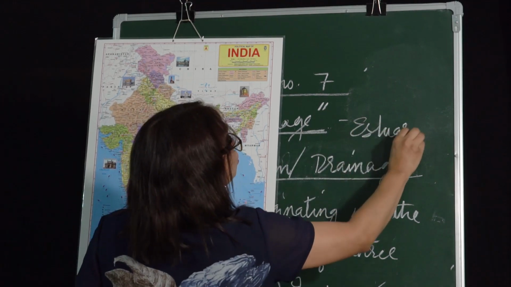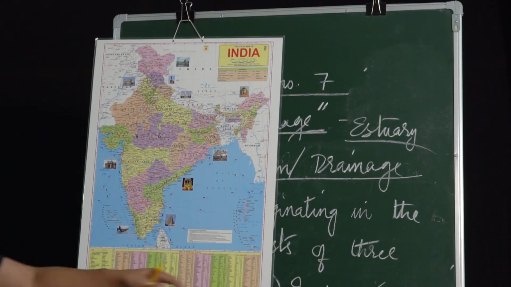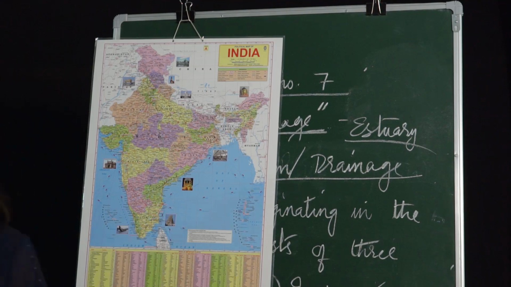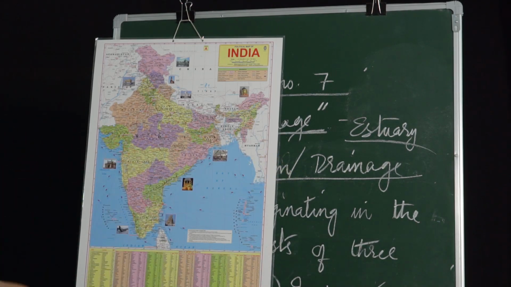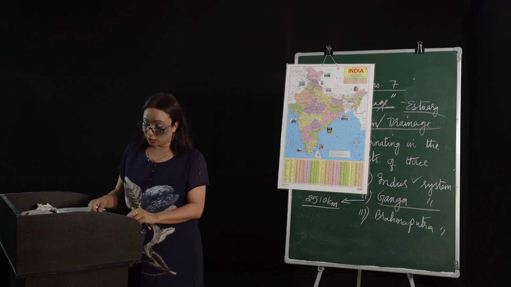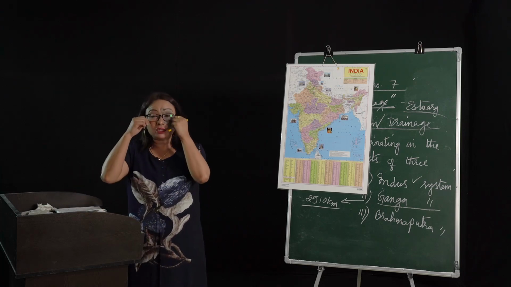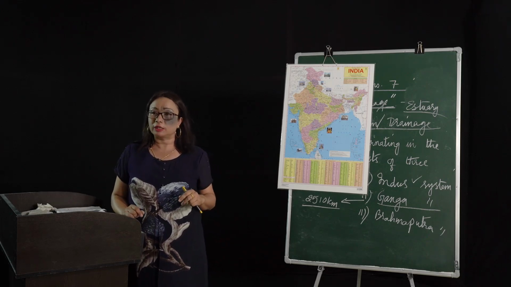Estuary. An estuary is the place where the freshwater stream comes and meets the salt water of the sea. Meghna is the largest freshwater stream that joins the Bay of Bengal. So the largest channel is called the Meghna estuary, and this Meghna estuary is also called the Sundarbans Delta.